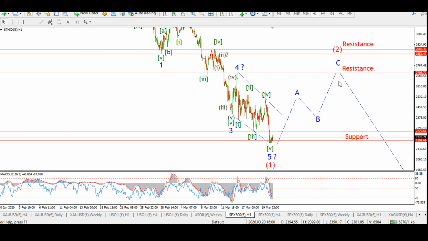I'm looking at a band of resistance in a series of fourth waves and the wave 1 low, so we've got a target zone between 2700 and 2850. But I'm talking into the future here now, so it's hard to know. We have to find the initial low for wave 1 to complete first before we rally again in wave 2.